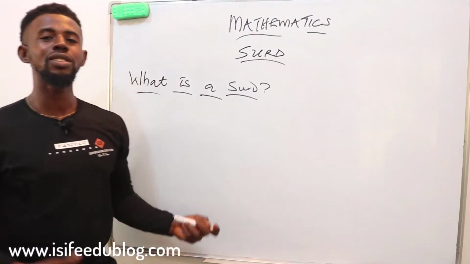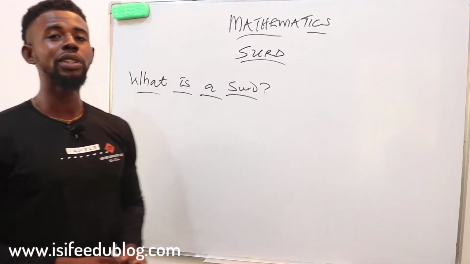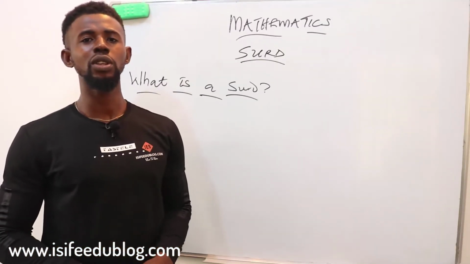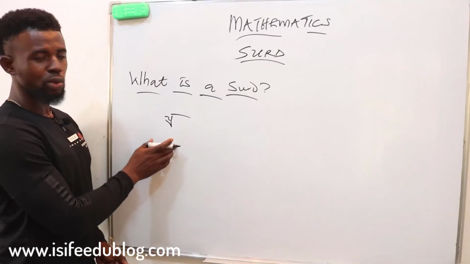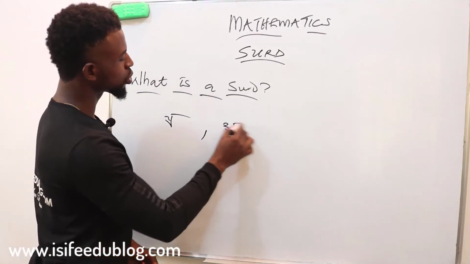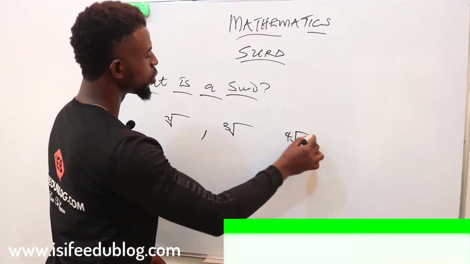Alright, what is a surd? A surd can be termed to be an irrational root. What do I mean by an irrational root? We all know that we have our second root, which you know as our square root. We have our third root, we have fourth root.